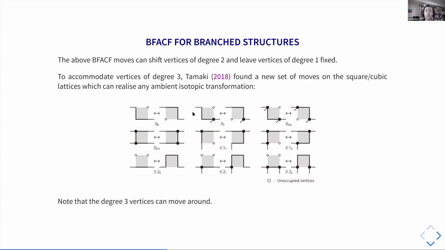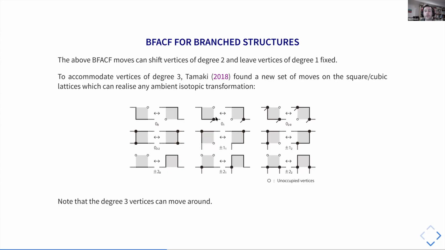And so we've got these moves here, and these moves here are exactly the same as the ones for just the regular polygons or walks. But now we've got all these other moves which deal with the vertices of degree 3. These ones here and these ones down here are basically just what you expect.